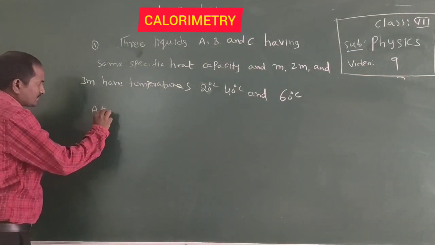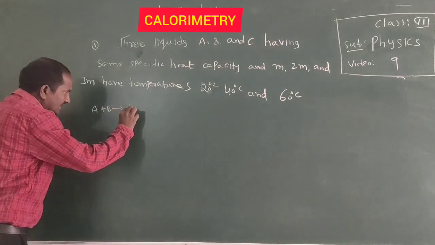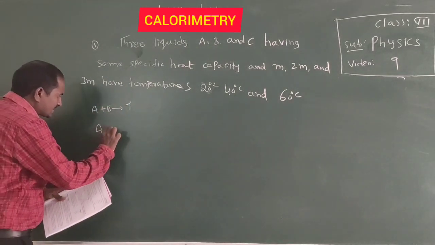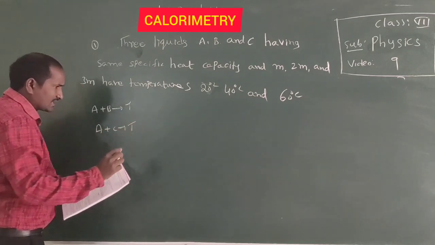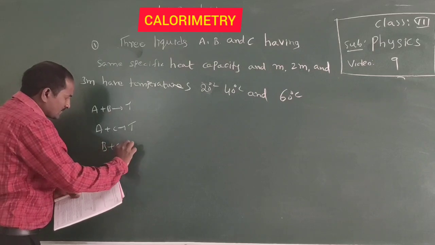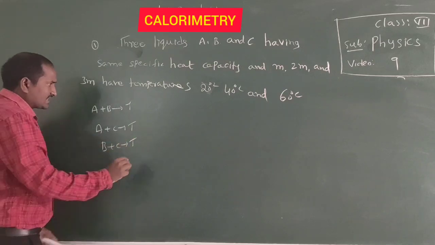If A and B are mixed, then what is the resultant temperature? Next, A and C are mixed, then find the resultant temperature. Next, B and C mixed, then find the resultant temperature.